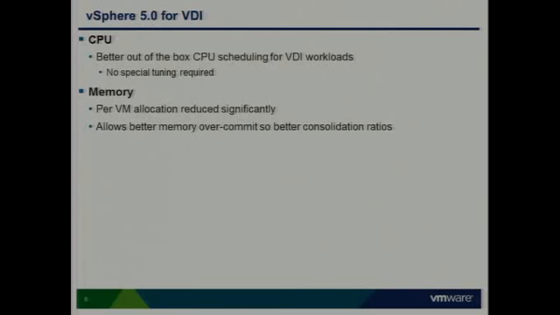So what that does is it creates a bigger pool of memory for the other VMs who need it. And what that results in is better memory overcommitment as well as higher consolidation ratios. You will see that in following slides when Sunil and Banit present the numbers. Okay, these are the platform level improvements that have gone into 5.0.